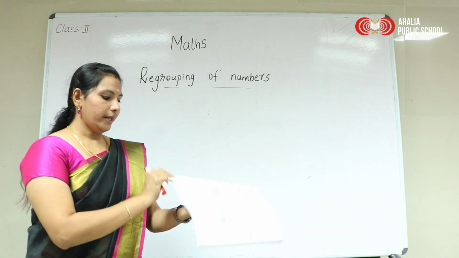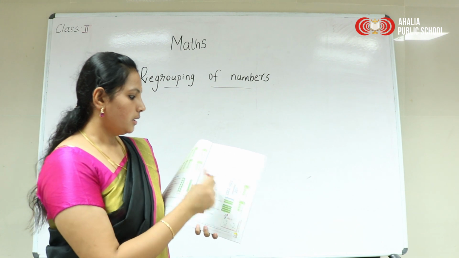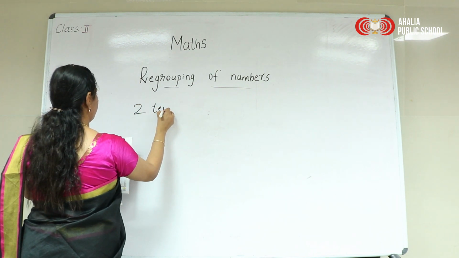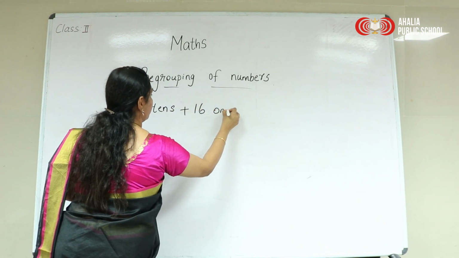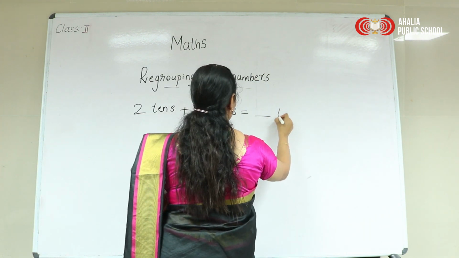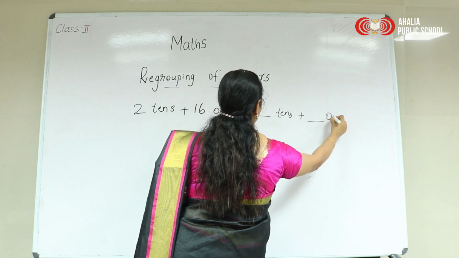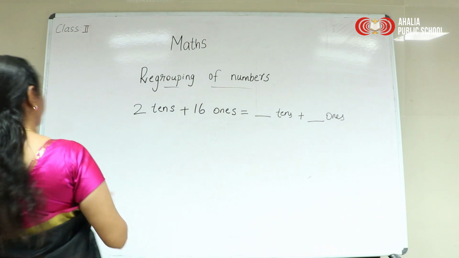See, in your textbook, if you go through page number 19, see, 2 tens plus 16 ones equal to dash tens plus dash ones. How will we find out this?